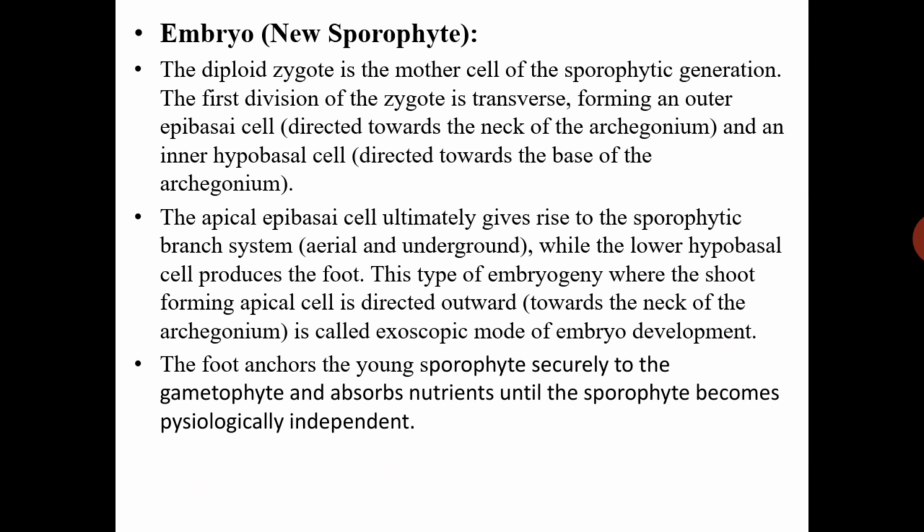This type of embryogeny, where the shoot-forming apical cell is directed outward, is called the exoscopic mode of embryo development. The foot anchors the young sporophyte securely to the gametophyte and absorbs nutrients until the sporophyte becomes physiologically independent. It later develops into the new sporophyte.